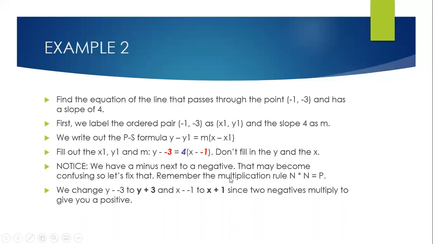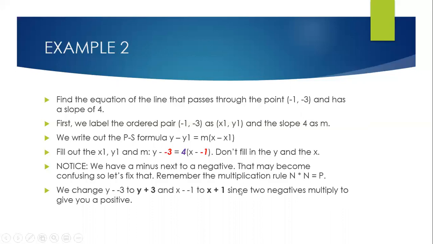Notice we have a minus next to a negative. Now, negative numbers are surprisingly difficult to deal with, even for people who do a lot of math. So we try very hard to avoid them because they seem like they play by a different set of rules than positive numbers. We try to get rid of negatives as much as possible.